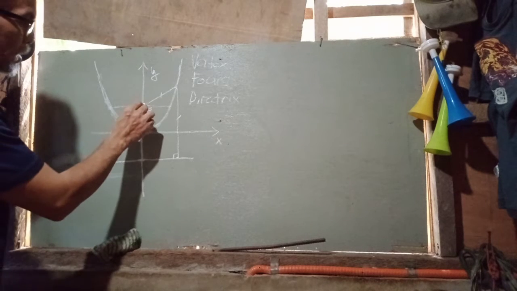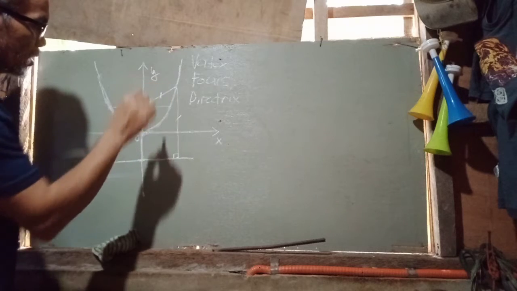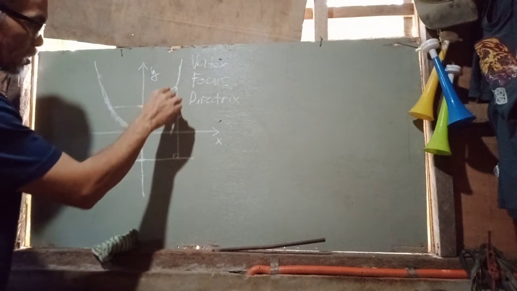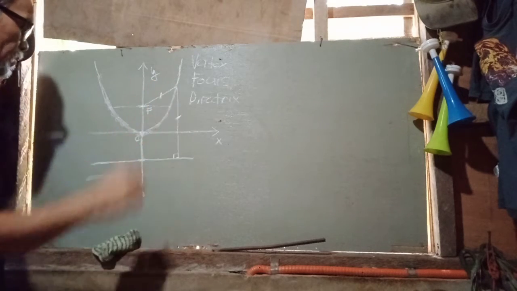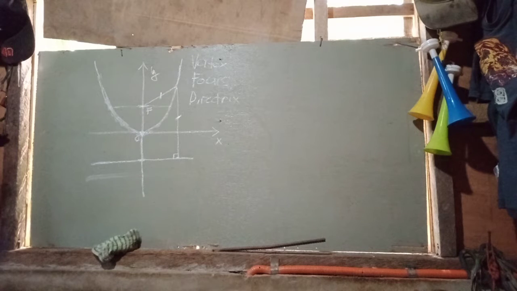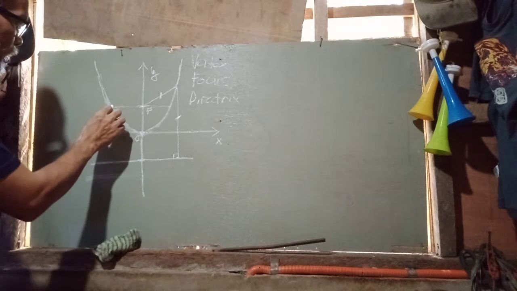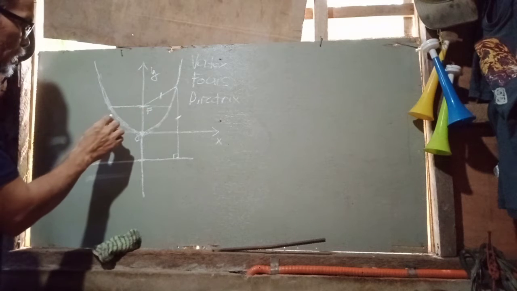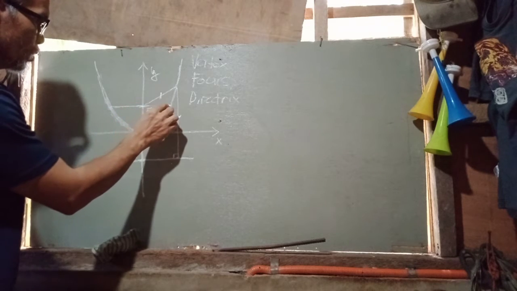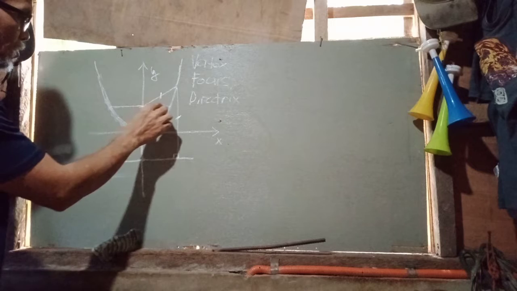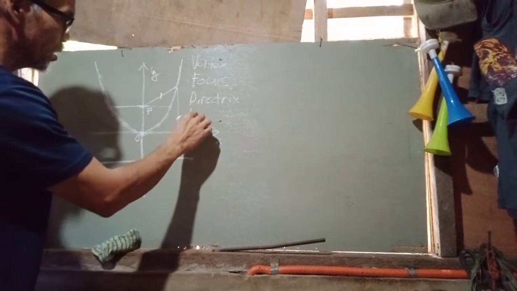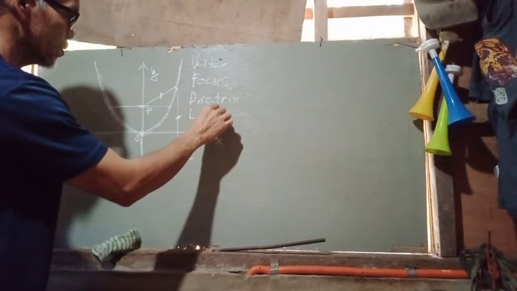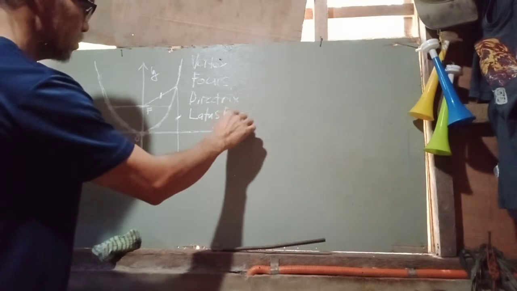So this distance here is equal to the distance from here to here. By the way, one more thing. This segment here, which is traversing the focus, is called the latus rectum.